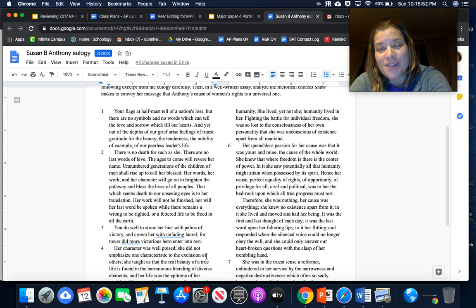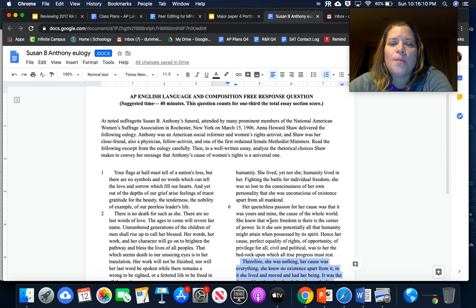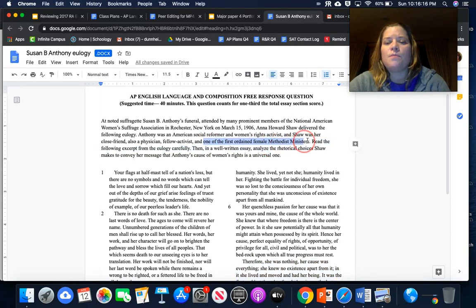Okay, we're going to pause here for a second. First, I'm going to go back and change this to make sure that this is labeled as paragraph number 7, and this is 8 and 9 and 10. But I want you to pay attention to this paragraph. There's some definite strategies going on here. If you take a look up here at the top, you'll see that our speaker was one of the first ordained female Methodist ministers.